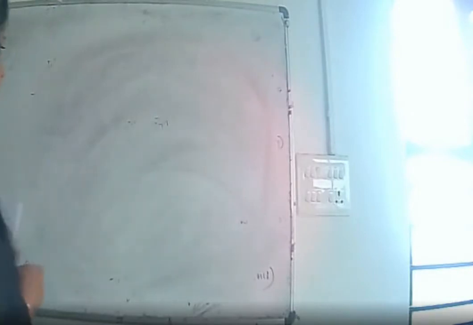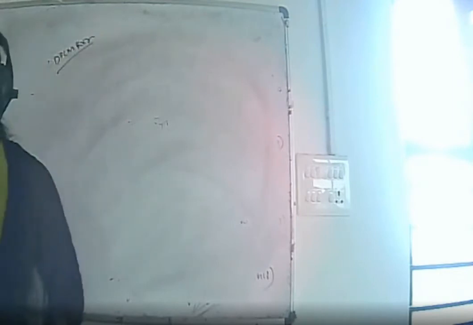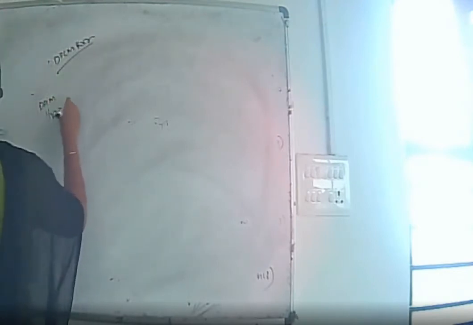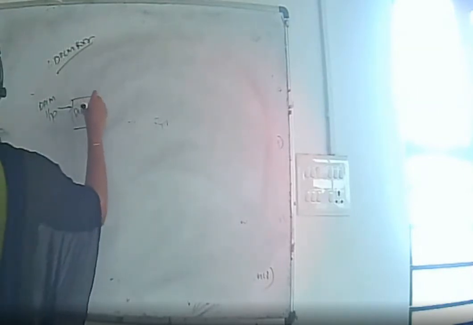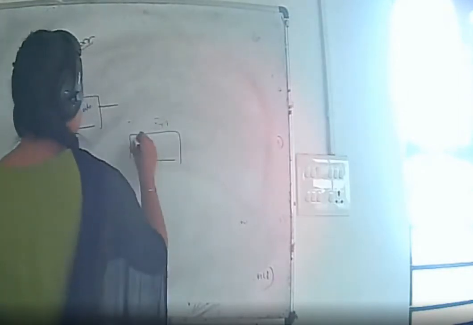So that was about the DPCM transmitter. Now we will see the DPCM receiver. Here we have a DPCM input which is given to a decoder, and here we have a prediction filter.